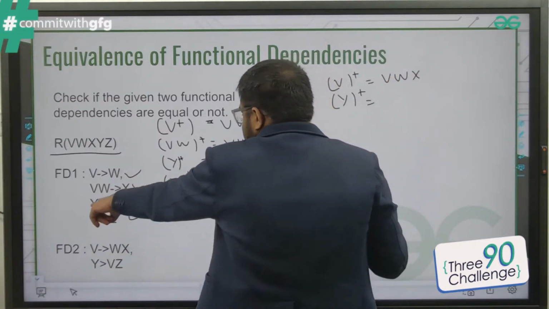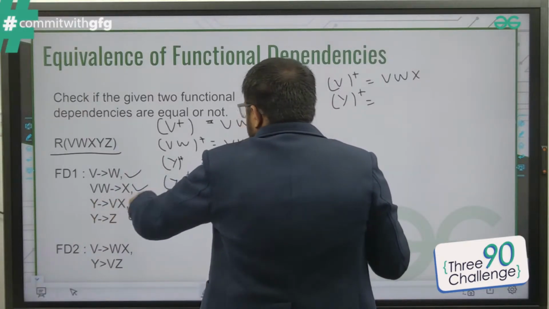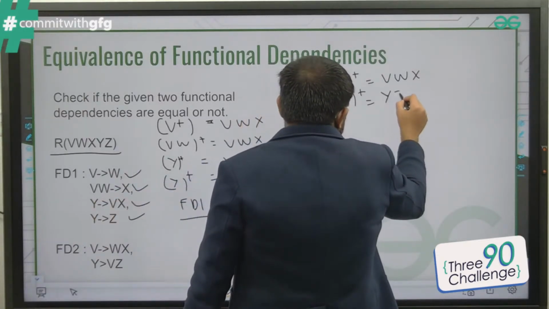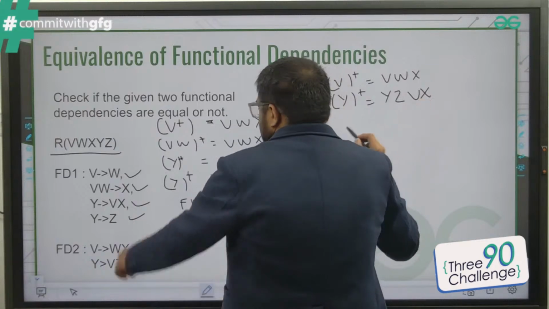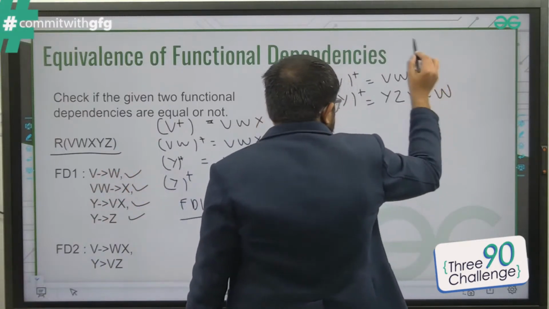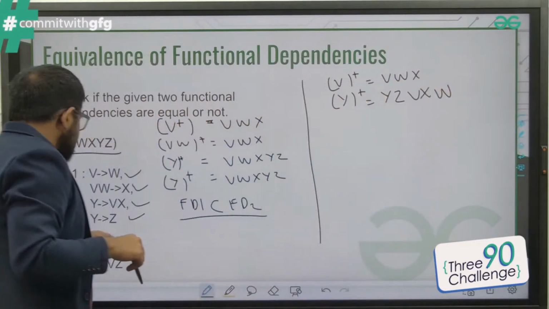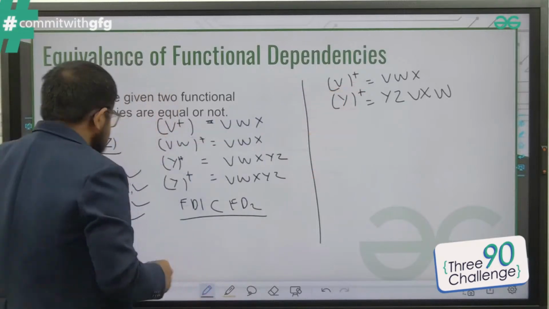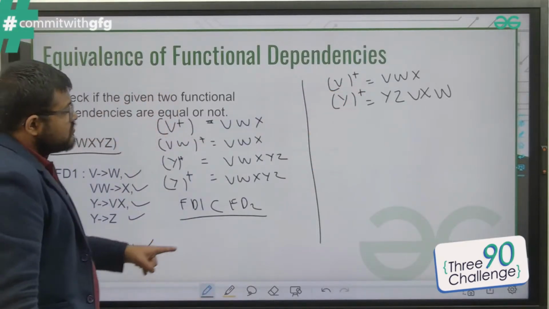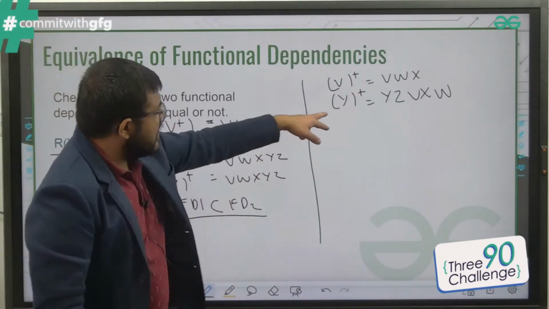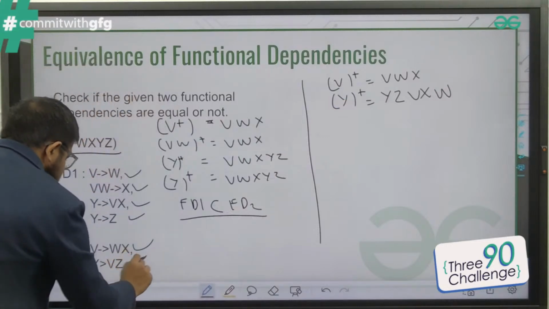What will be y plus? Y will give me z and it will give vx. So y can give y, z, vx. V can also give w. So from y I can get everything. Now v gives me wx, is it there? Yes. Y gives me vz, is it there? Yes.